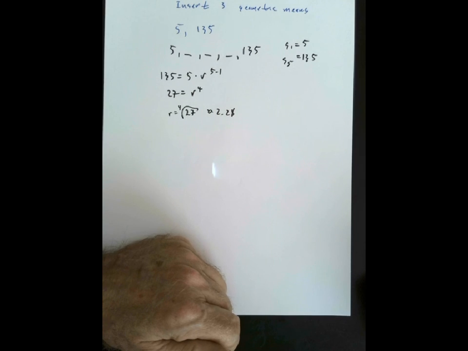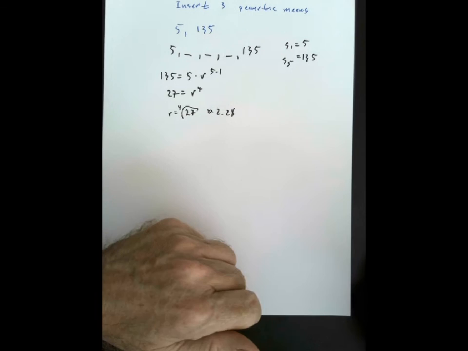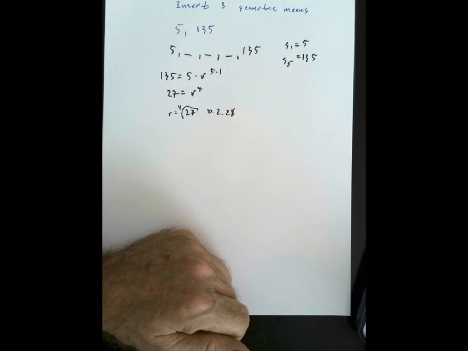So now we'll see if that works. 5 times 2.28 is about 11.4.